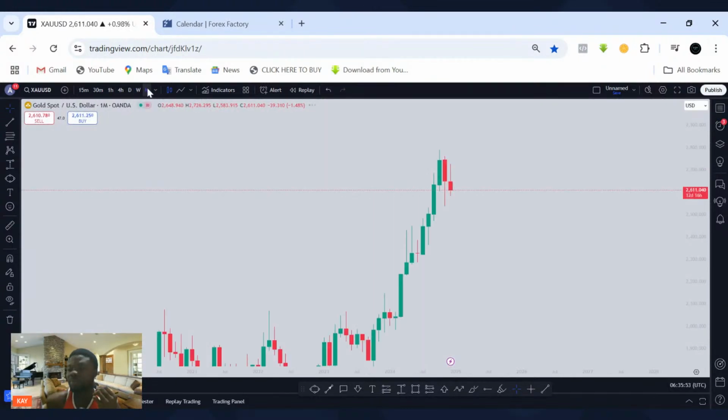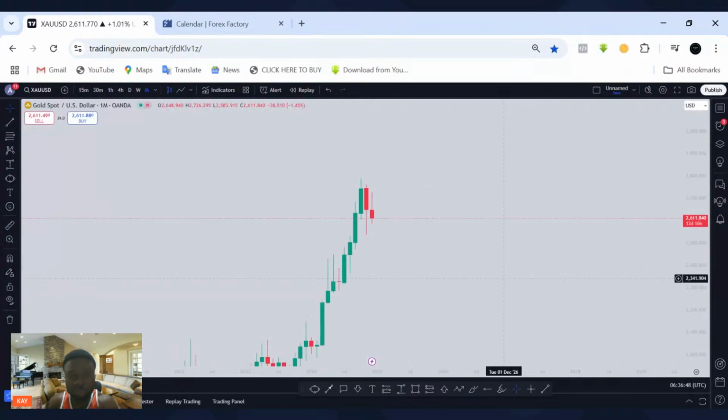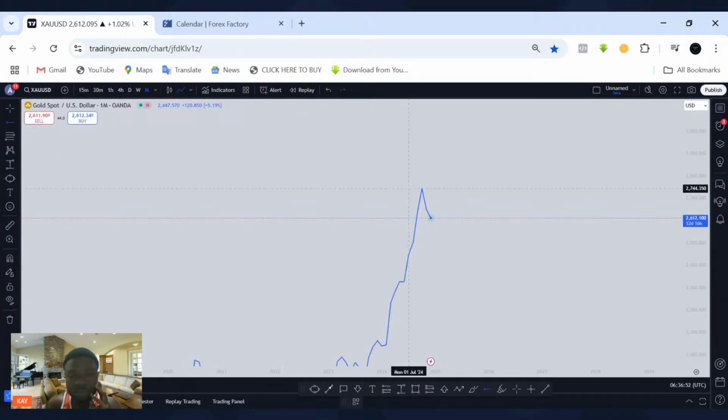So on the monthly time frame, looking at gold, we have resistance over here.